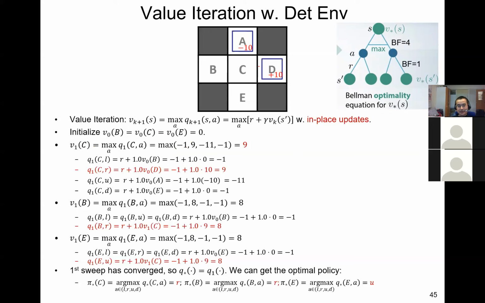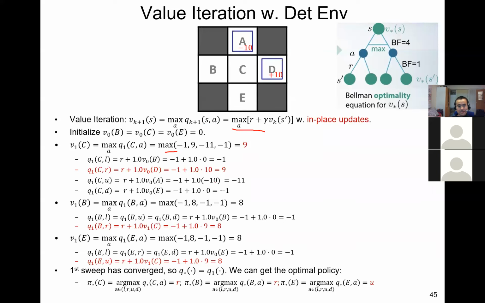So all the rewards back propagate from C back to B and E. If you update C first and use its V in the current iteration, we can accelerate the convergence process. Now the difference from the policy evaluation is the max. Instead of expectation, we take the max of the 4 Q values.